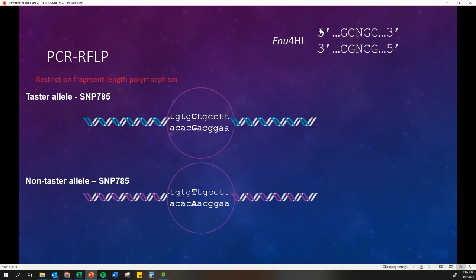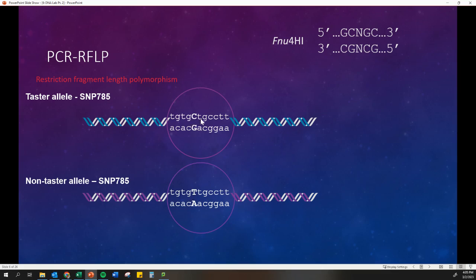But how it works is if you are a taster, so you were able to taste, you have a functional protein that is produced, this is the sequence. And if you are a non-taster, this is the sequence. So notice that this C had a substitution mutation to be an A, and it changes our sequence.